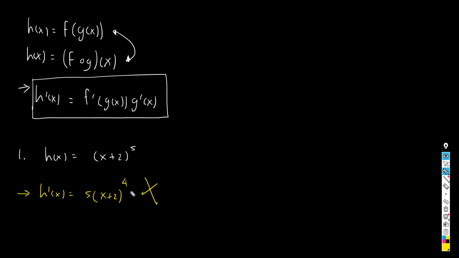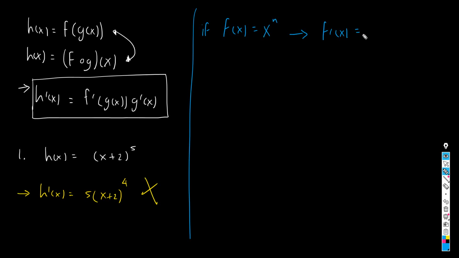Wrong. Completely wrong. Okay? Why is this wrong? Well, because these hypothetical people tried to use this formula. I gave you this formula, guys. If f of x is equal to x to the n, then f prime of x will be equal to n times x to the n minus 1.